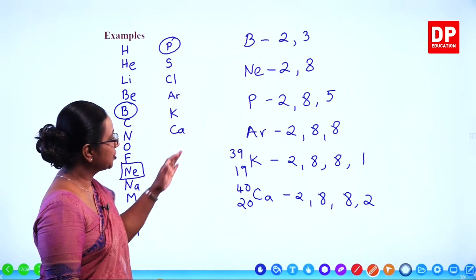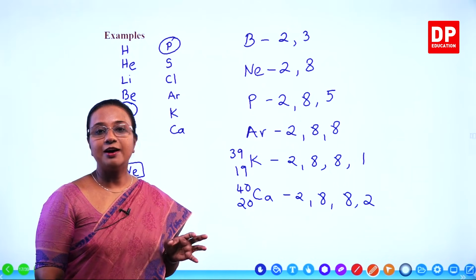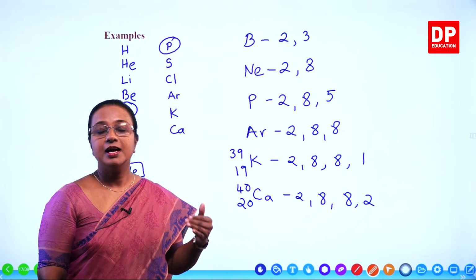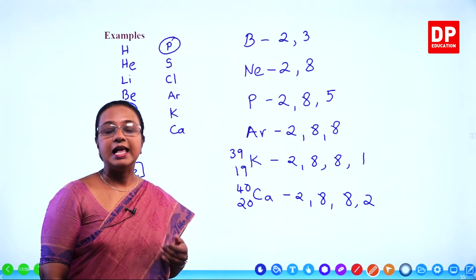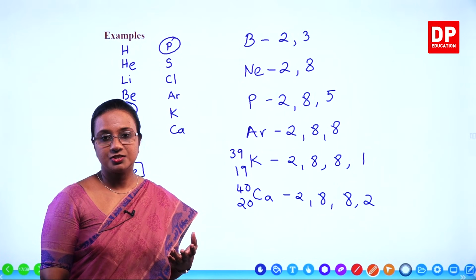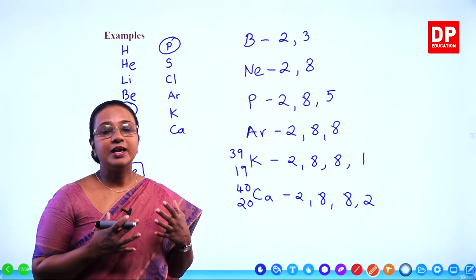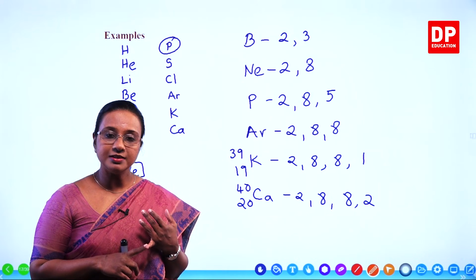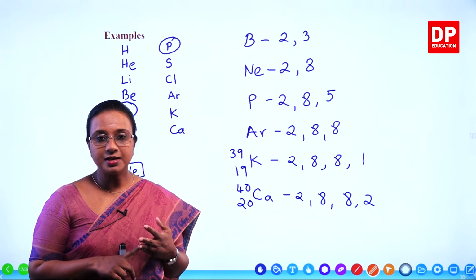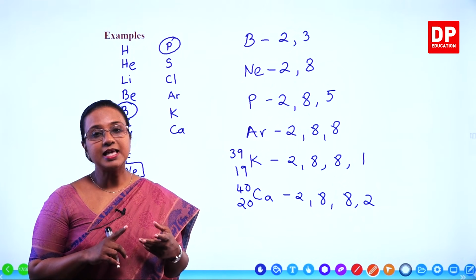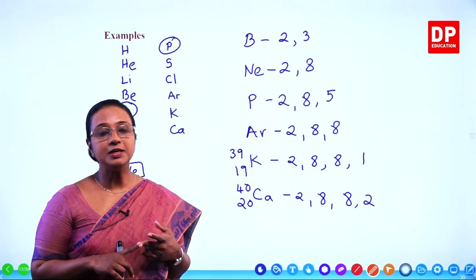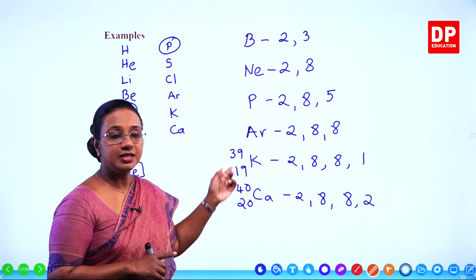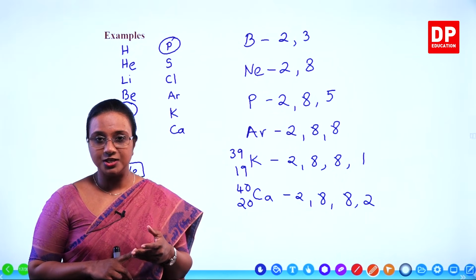Okay, students. So with this, now you will have a very good understanding about writing electronic configurations. So far we have discussed the structure of atoms, about subatomic particles, then the properties, atomic number and mass number, and now writing electronic configuration.